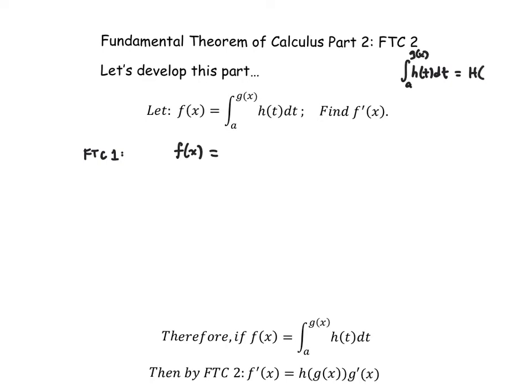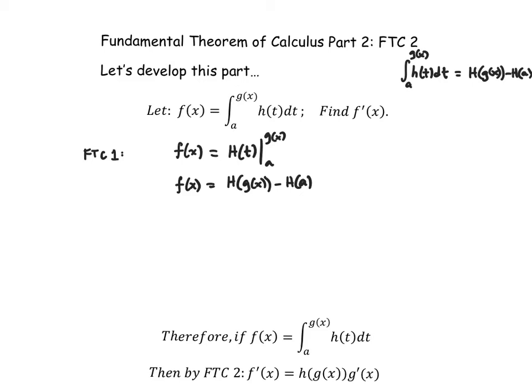It'd be big H of g of x minus big H of a. So I'm going to integrate, and that'll be big H of t, using a different notation here, from a to g of x. So what is f of x? F of x is big H of g of x minus big H of a. No constant of integration because it was a definite integral.